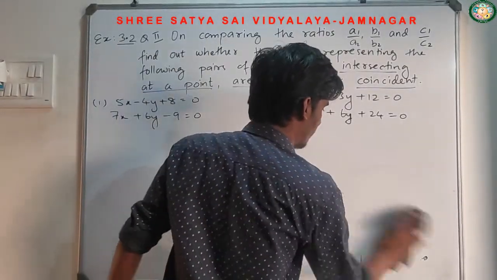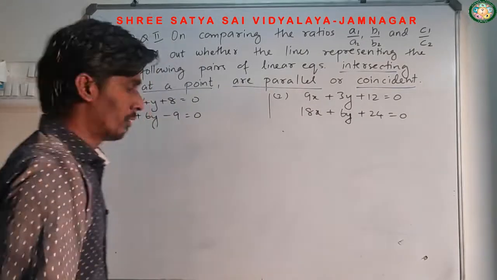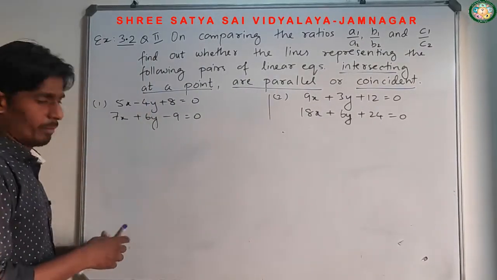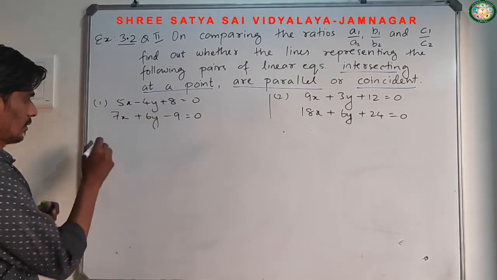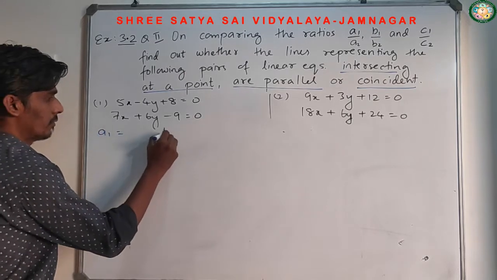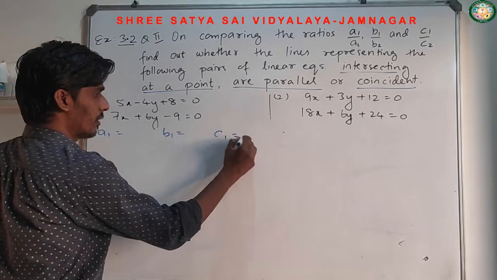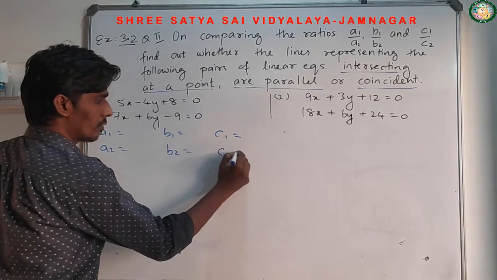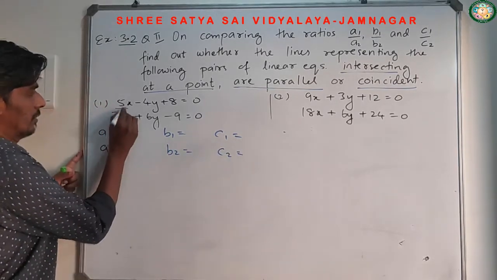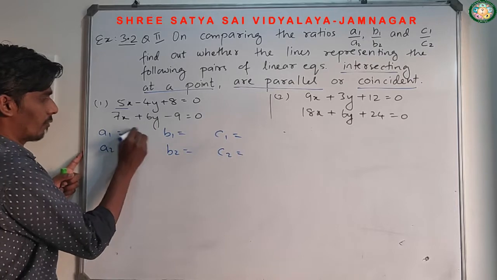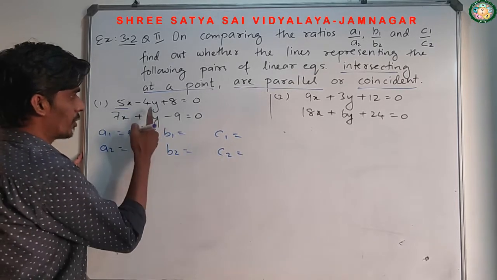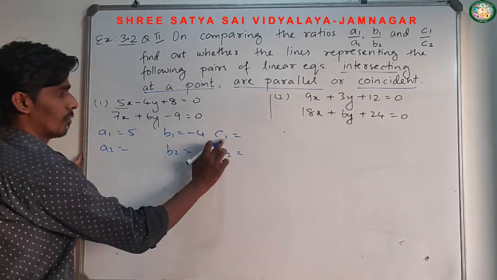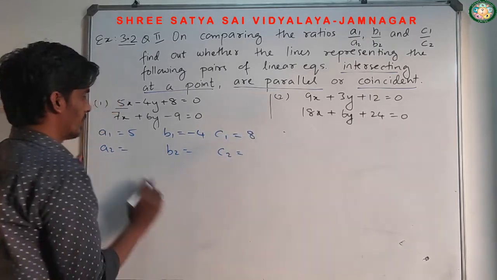Let's start with the first one. So find out the values of a1, b1, c1, a2, b2, c2. What is a1? Coefficient of x, that is 5. What is b1? Coefficient of y, that is minus 4. What is c1? 8.